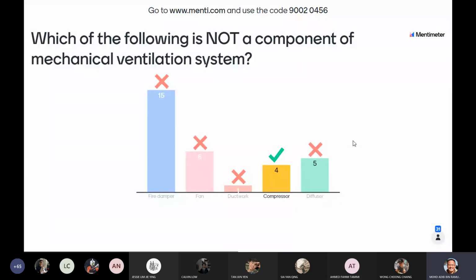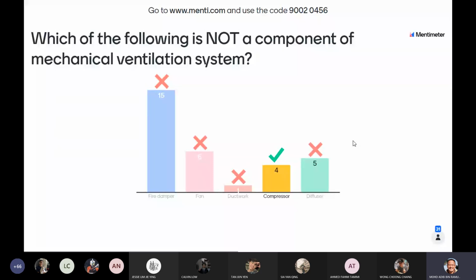I'm surprised a lot of you answered fire damper, but actually fire damper is part of the mechanical ventilation components. It's one component in a mechanical ventilation system, which is placed inside the ductwork to prevent fire from spreading from one room to another.